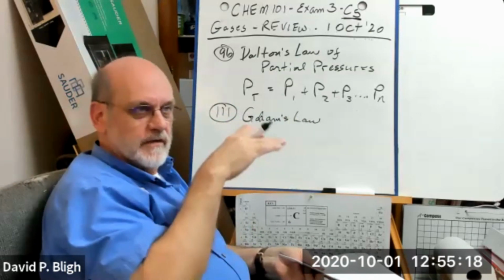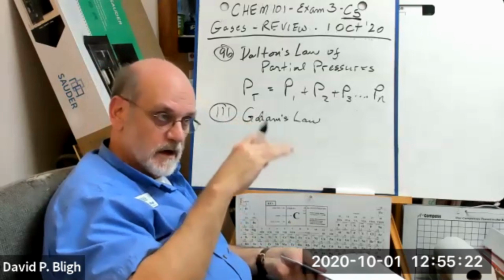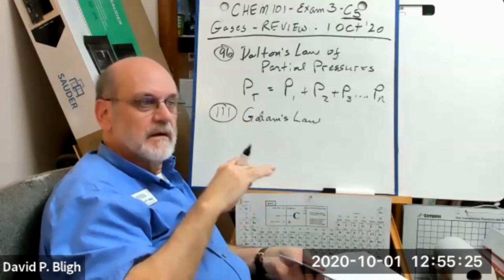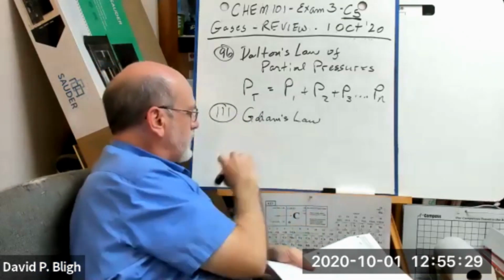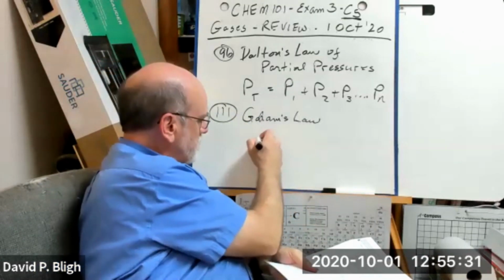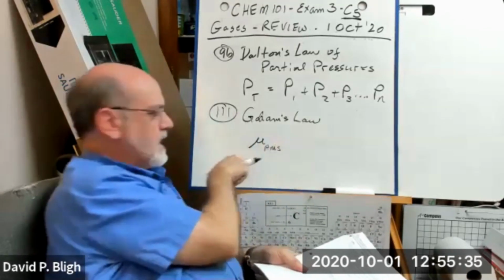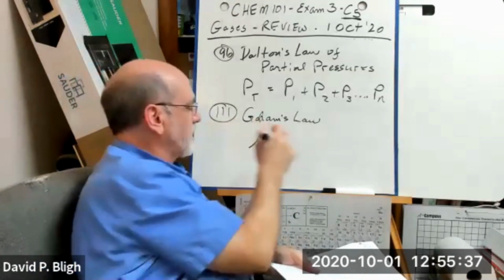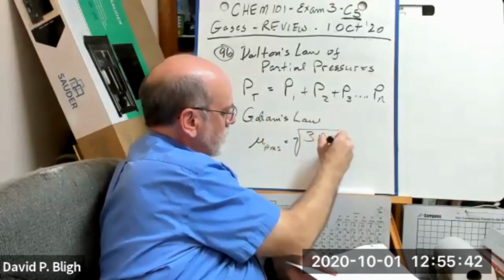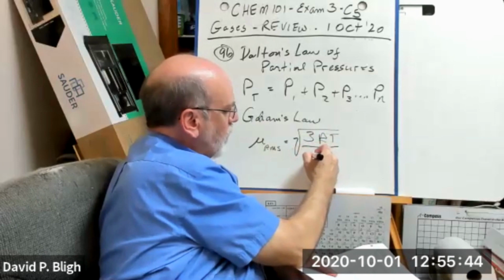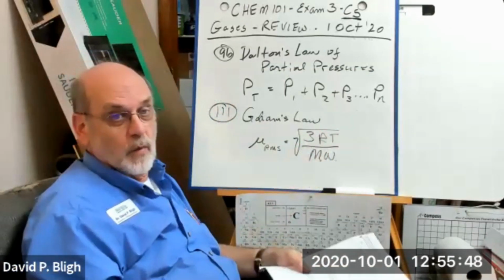So that means the lighter the gas, the faster it moves. And what we've got is an expression where we use mu as the velocity, equal to the square root of 3RT over the molar mass. And I abbreviate that MW for molecular weight.